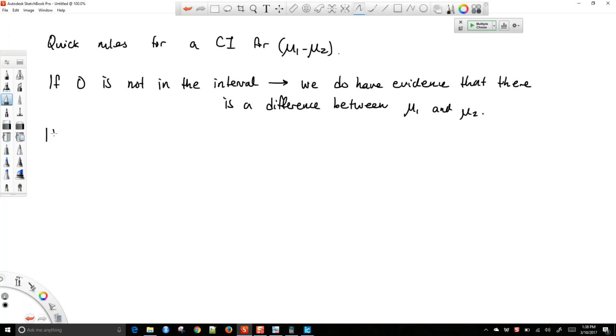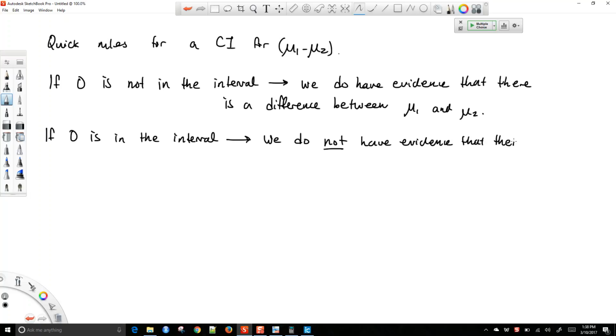And on the other hand, if 0 is in the interval, this means we do not have evidence that there is a difference between mu1 and mu2. So these are the quick rules for making your conclusion here.